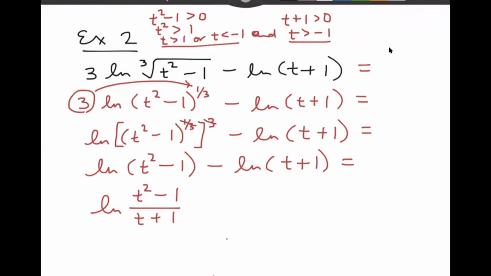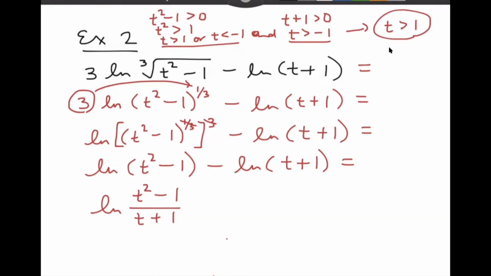And if you think about it, the only way that you're going to have t greater than 1 or less than -1, and at the same time also have t greater than -1, that would mean that t would have to be greater than 1. So that is the domain of the original expression.